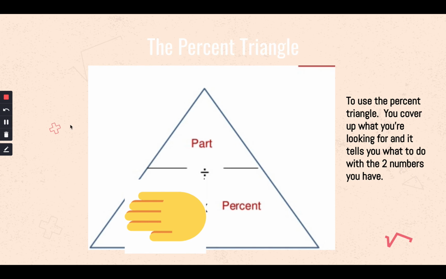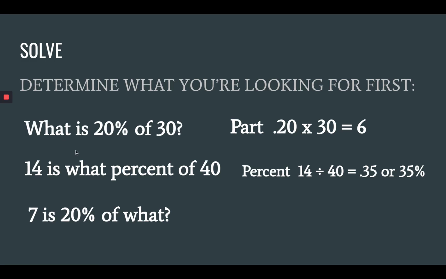So again, cover up what you're looking for, and it's part divided by percent. We're looking for the whole amount, and it's part divided by percent, or 7 divided by 0.20, which will give you 35.